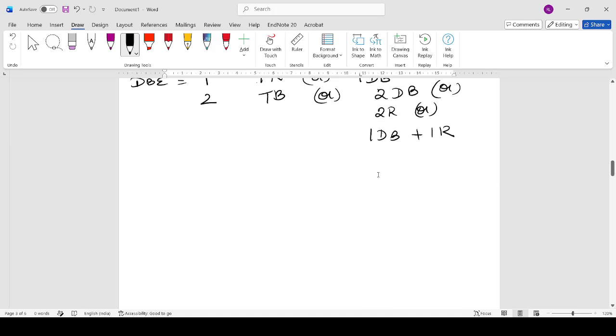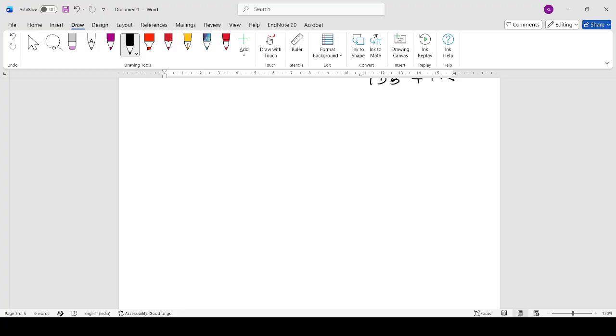Now moving to the double bonds or the alkenes or the alkynes reactivity. First reaction of alkenes that we are going to see is hydrogenation reaction.